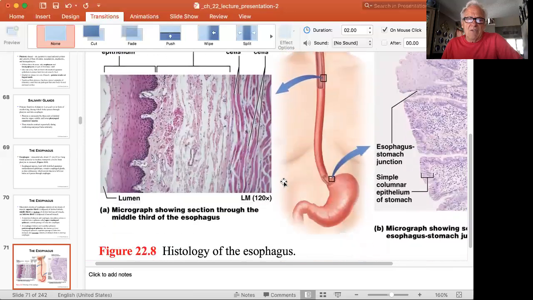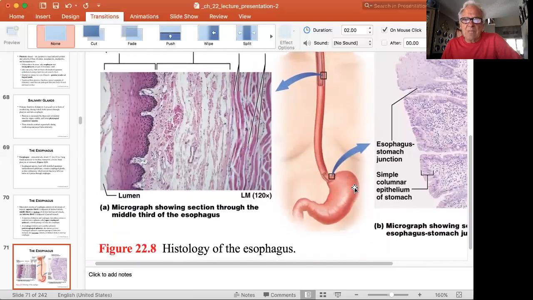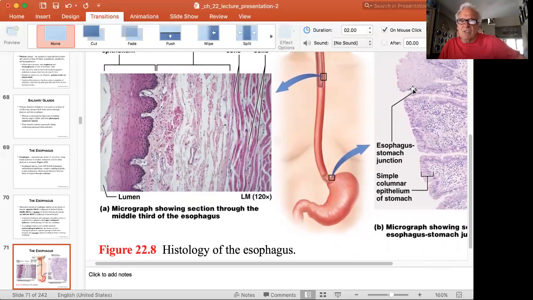Now, when you get farther down, to the lower esophagus where the gastroesophageal sphincter is, you're going to notice that we switch over. The esophagus is here. The stomach junction's right there. That's the junction between the esophagus and the stomach.